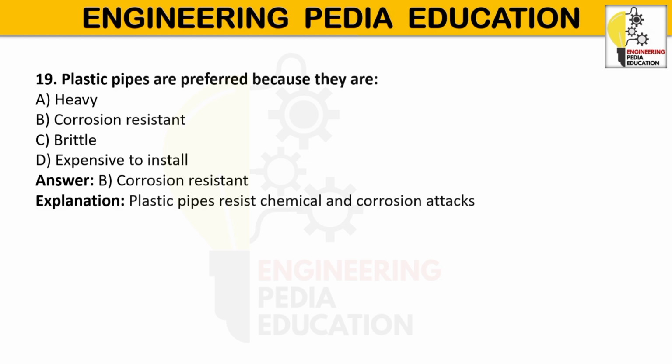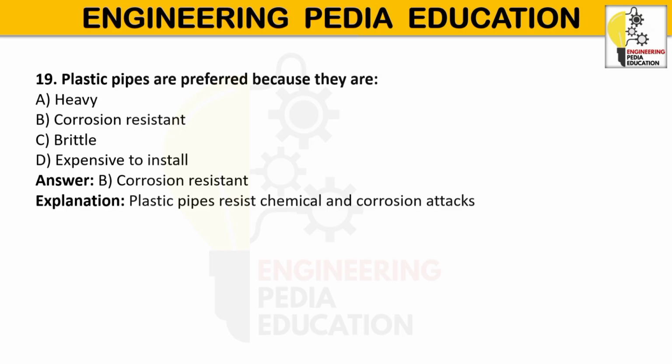Plastic pipes are made from synthetic polymer materials and are widely used in modern construction because they are lightweight, durable, and resistant to corrosion. Unlike metal pipes, they do not rust, making them suitable for carrying water and many other fluids over long periods. Common types of plastic pipe include PVC, CPVC, HDPE, and PPR.